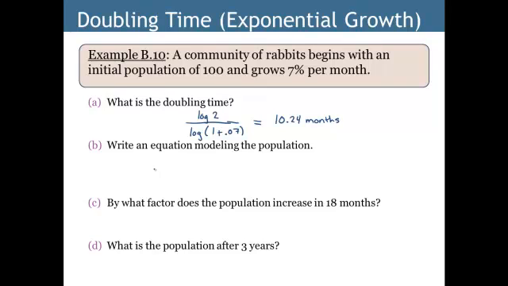Write an equation modeling the population. So Q equals 100 rabbits initially, times 1 plus, well, this is nice. They gave us the percent rate, and so I can just do this. All right. So subtle difference there. I hope you caught this.